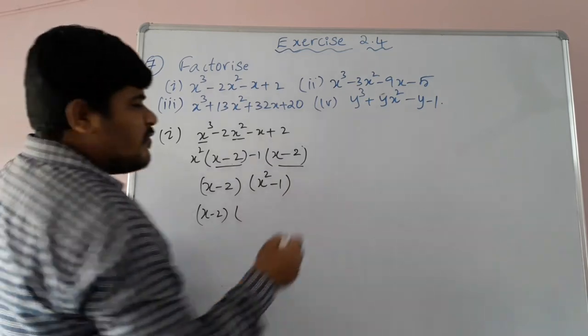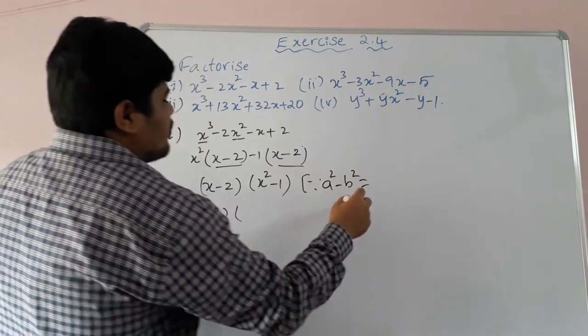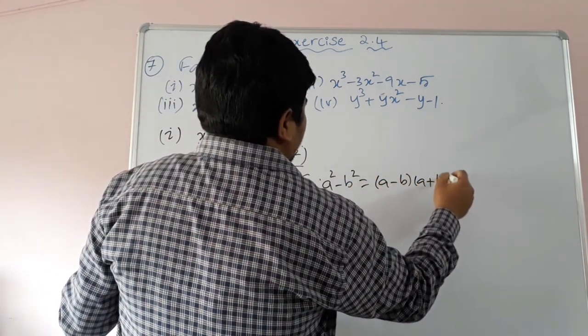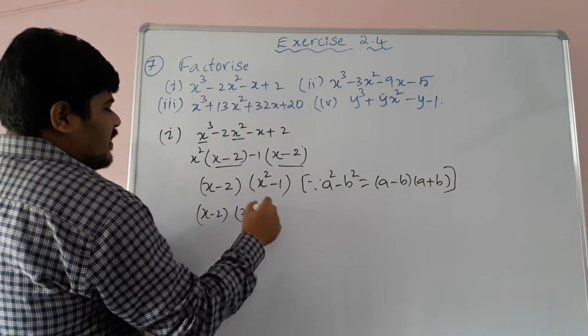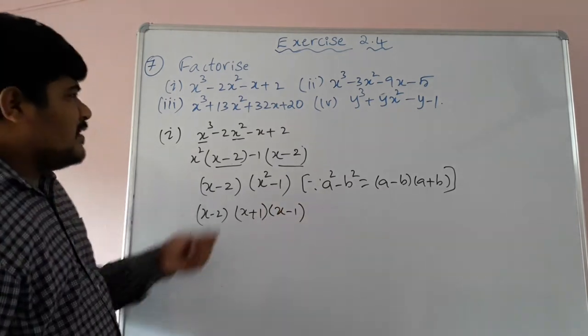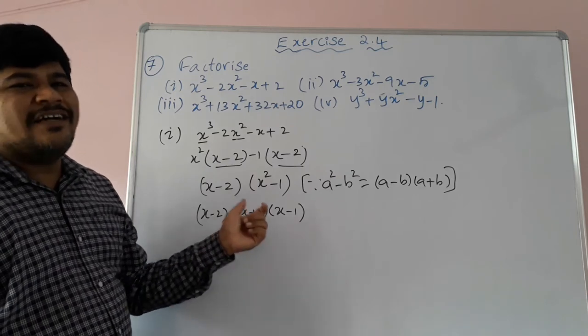Children, that is in the form of a square minus b square, which can be written as a minus b into a plus b. So x square minus 1 can be written as x plus 1 into x minus 1.